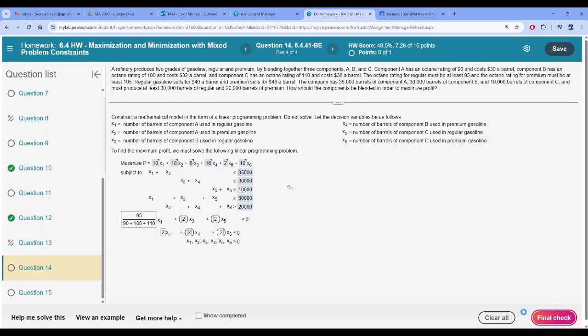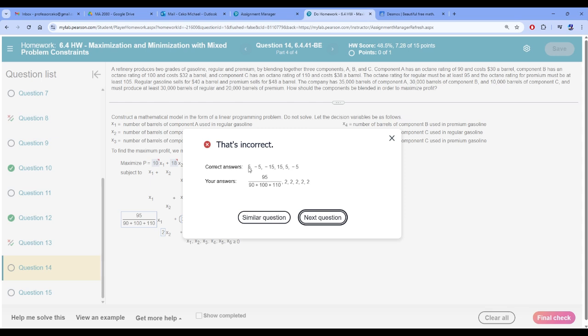Let me just see if I get that one right. No. 5, negative 5, negative 15.